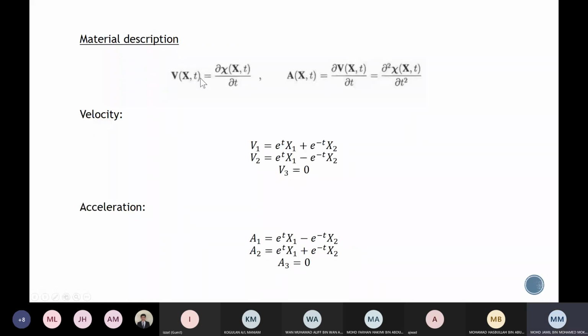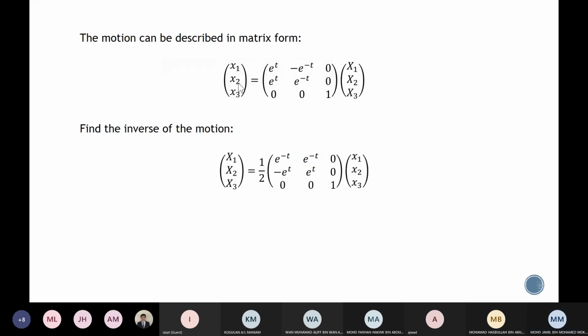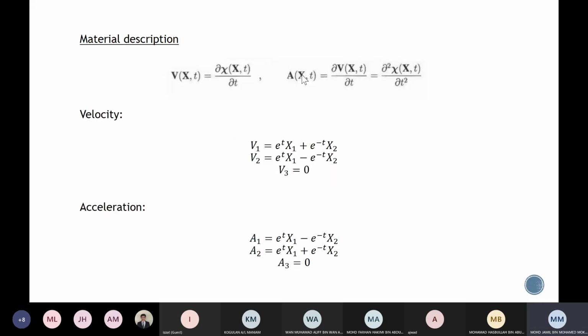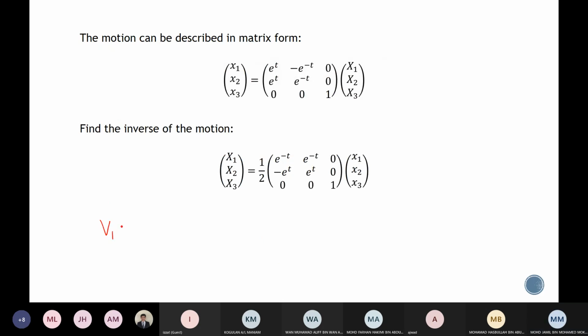And then to find the velocity, the big V is basically you differentiate the mapping with respect to time. To find the material description velocity, you differentiate this mapping with respect to time. So if you want to find V1, you differentiate the first equation here, x1 of big X and t, with respect to time.